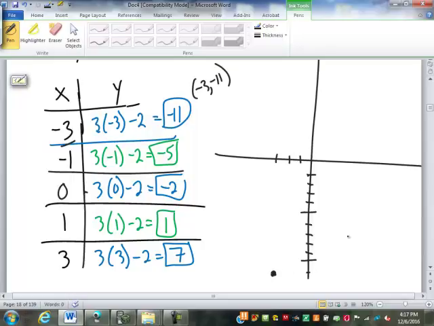So there's 1 point. Here, if x is -1, y is -5. It's -1, -5. There's a point right there. Here, if x is 0, y is -2. Where's that one going to go? Tell me from here. Do I go side to side, up, down? Where do I go? Down 2. Right there. Perfect.